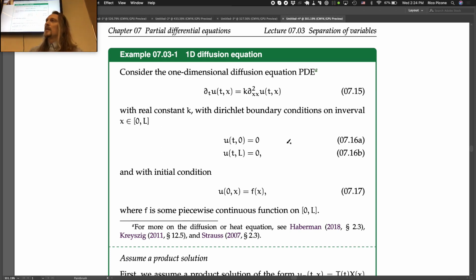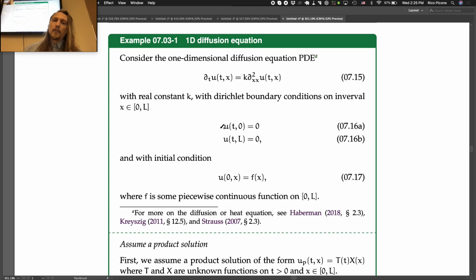It models heat diffusion, also chemical diffusion; any diffusion process can be modeled with this 1D diffusion equation, with real constant k, with Dirichlet boundary conditions on the interval x from 0 to L. The dependent variable is 0 at the 0 boundary, and at L it'll be 0 as well. And with initial condition given here, it's going to be some function of x.